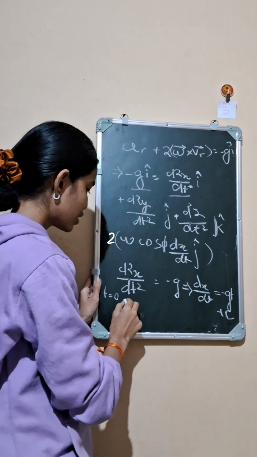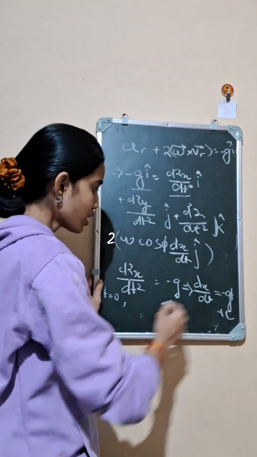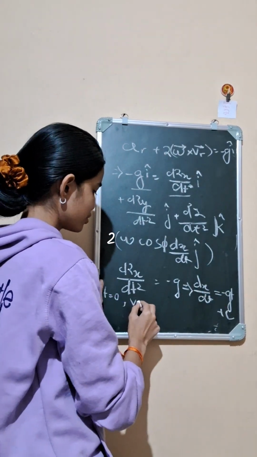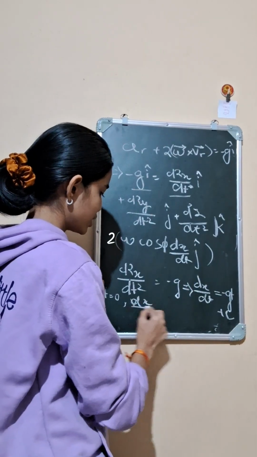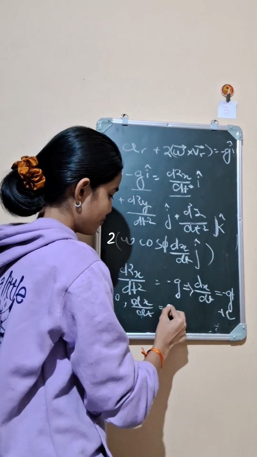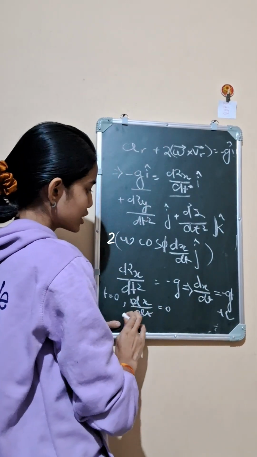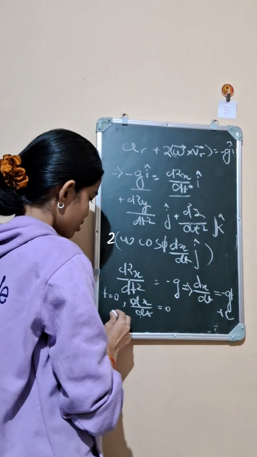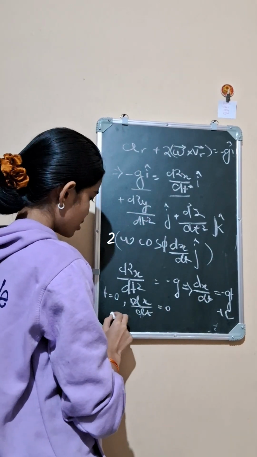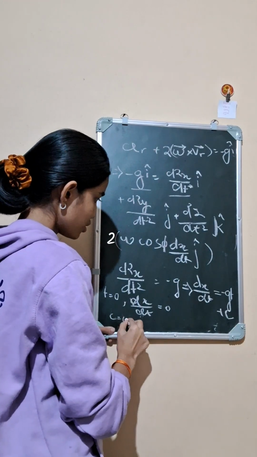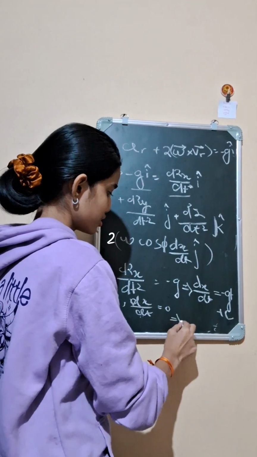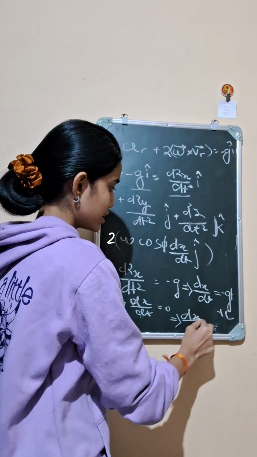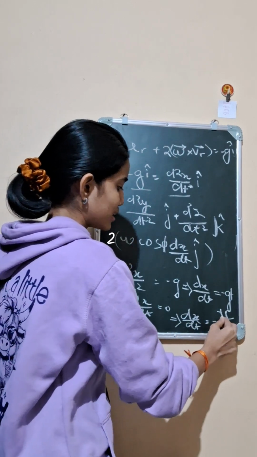So at t equals to 0, the value of velocity dx by dt equals to 0. If we put this condition in this equation, we will get c equals to 0, and finally we will get the equation dx by dt equals to minus gt.